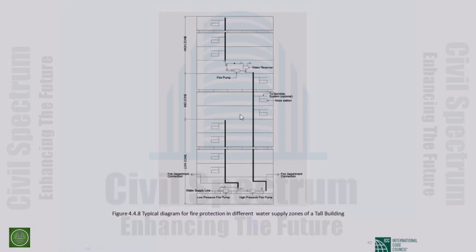One pump will deliver water to a reservoir here, then another pump will be used for the secondary one. So by cascading the system, you can go for a tall building. You need some extra pump and extra area, to reduce the effect of very high pressure within the supply line.